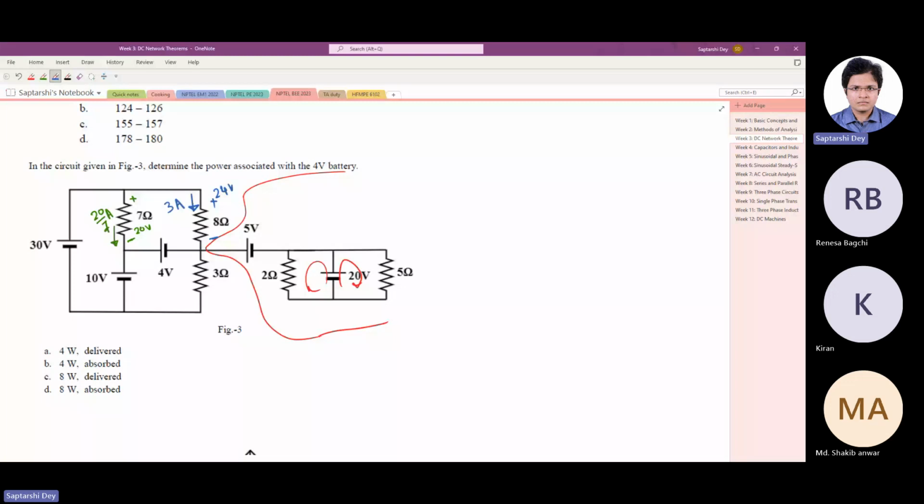And what else? 10 volt and 4 volt, so 6 volt must be coming in this way. So this must be 2 ampere. Now 3 ampere was coming, out of which 2 ampere is going out. So this must be 1 ampere.